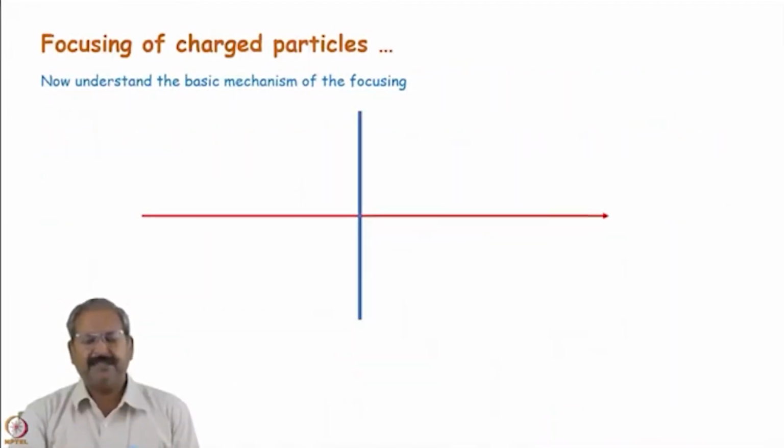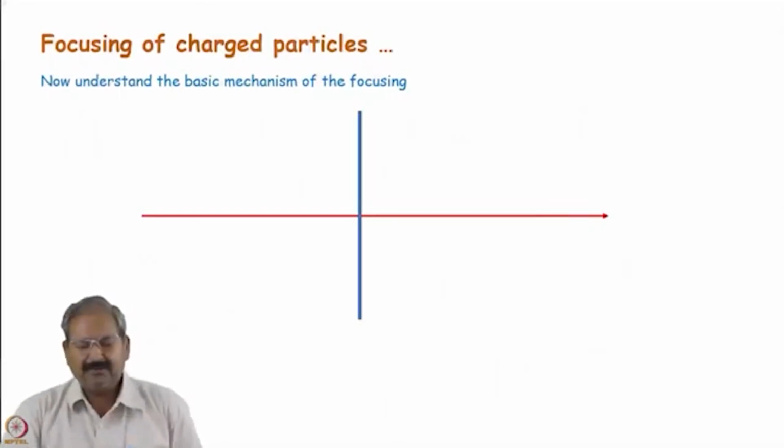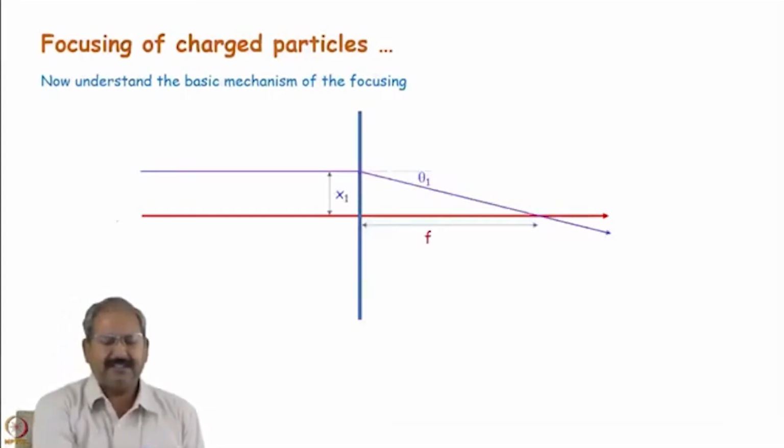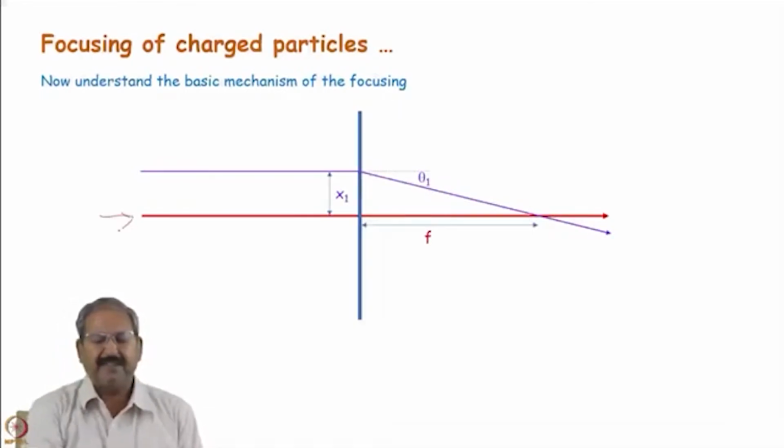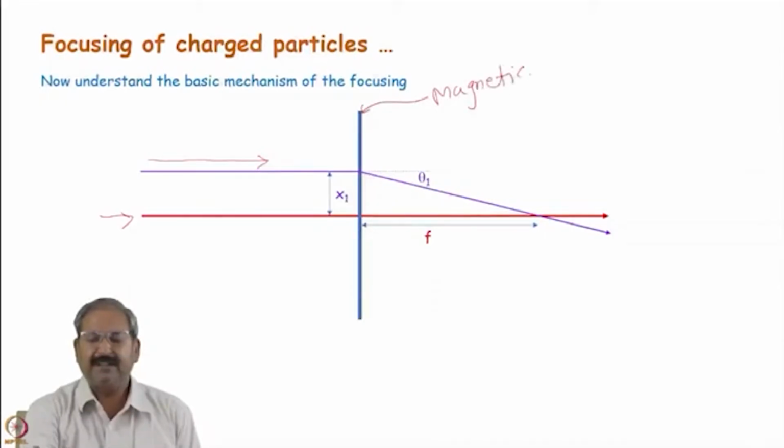So now we see the basic mechanism of focusing, how we can achieve the focusing. Suppose this is the optic axis in red color, and a particle is coming on this trajectory, and this is the magnetic element which we want to use as a lens.